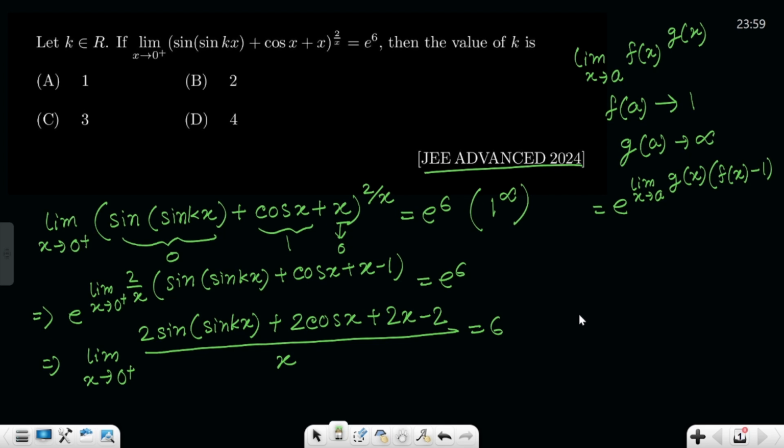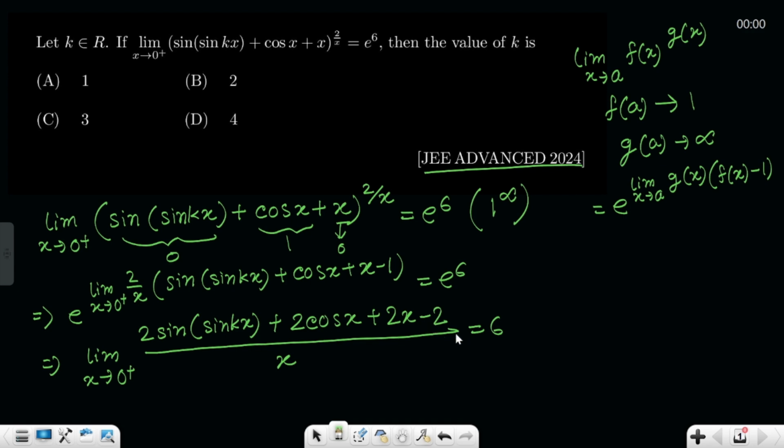Now let's check which indeterminate form this limit is making. To check it, we will put x equal to 0 again. If we put it, then kx will also be equal to 0. So this term, 2 sine of sin kx, will be equal to 0, because sine of sin kx is equal to 0. And here cos 0 is equal to 1, so this term will be equal to 2. 2x will be equal to 0, and here it is minus 2.